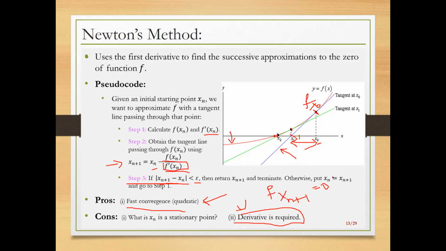So what do you mean by stationary point? That means, say, that the derivative at that point is equal to 0. If I want to draw this, say you have some function which is gradually going like this.